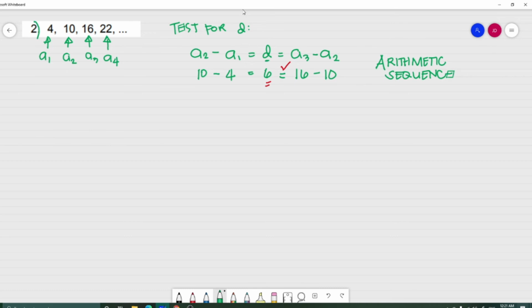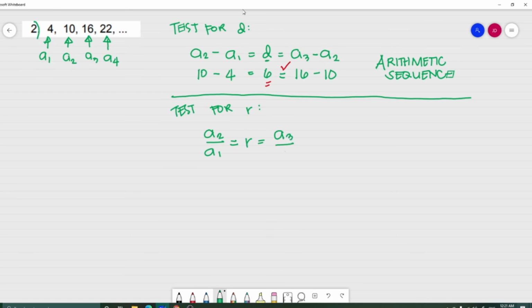Okay. So, let us check kung tinuod ba gyud nga walay ka-exist nga ratio. So, test for common ratio. A sub 2 divided by A sub 1 equals R, and A sub 3 over A sub 2. So, you have 10 over 4 is equal to, pila ka 4 sa 10? Duha.